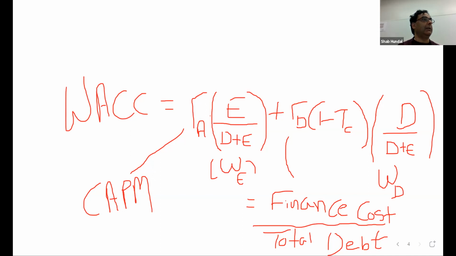By doing so, you can bring both the equity cost and the debt cost together, and then it becomes the weighted average cost of capital. Question: why don't we use just R in the free cash flow? Why do we want to include debt also? Because for this, you need to know the formulation.